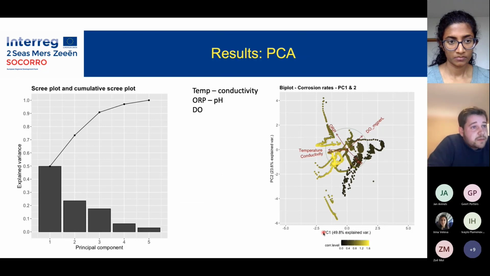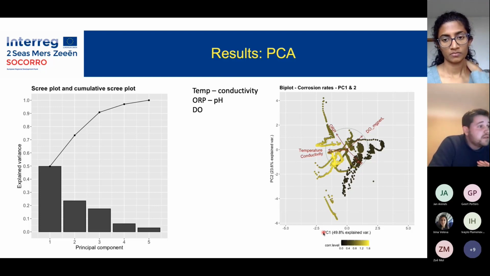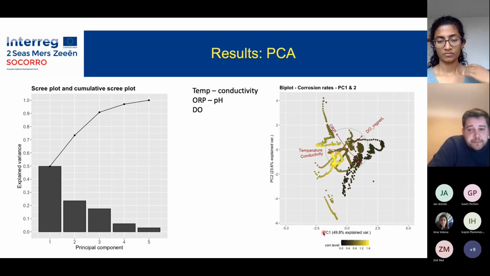On this data set, principal component analysis was performed. Principal component analysis basically reduces the dimensionality of the data set, and it allows you to observe a relationship between parameters very easily.